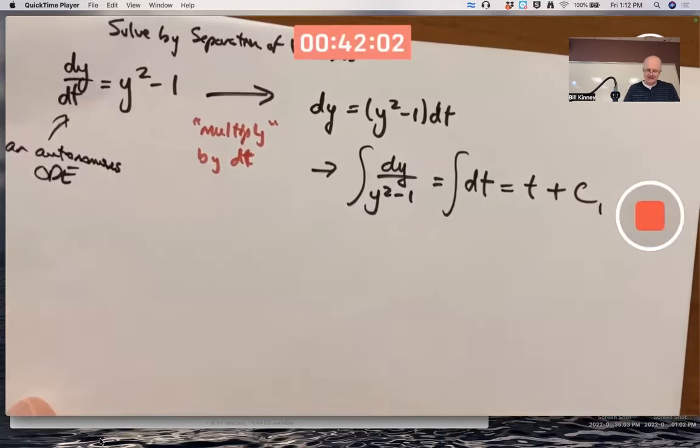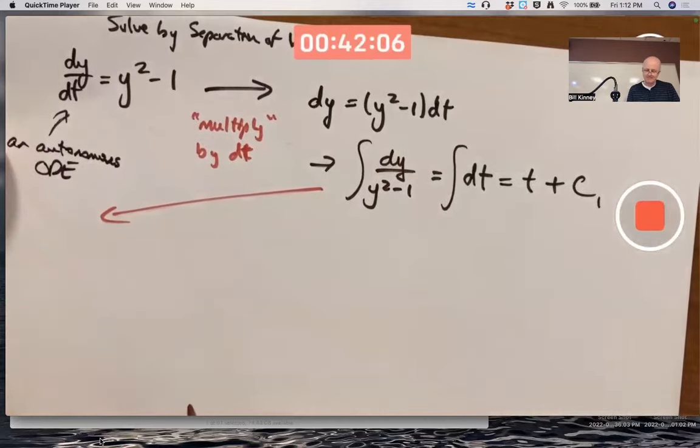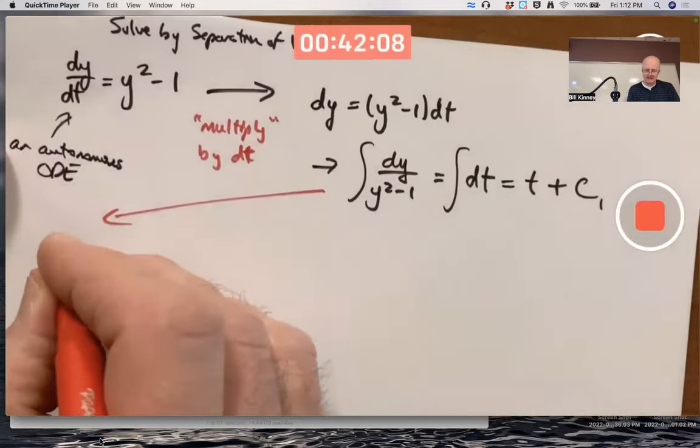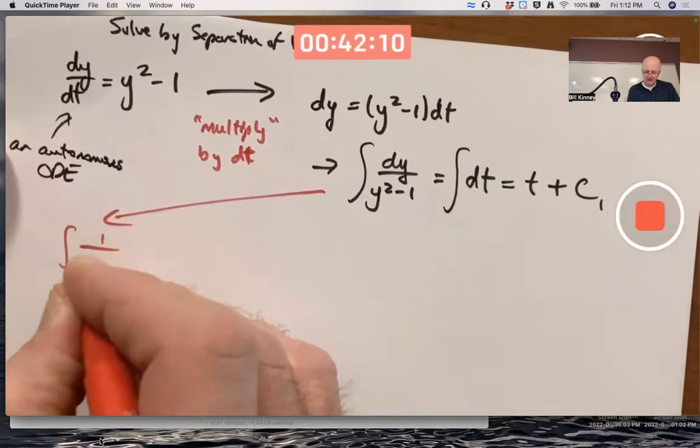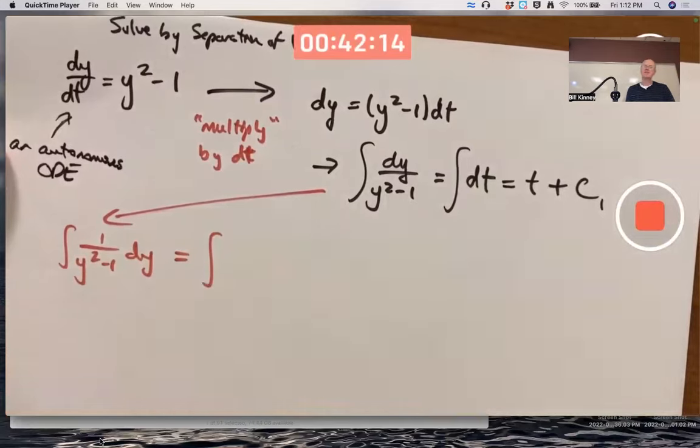Still got to integrate the left side. That's the same as integrating 1 over y squared minus 1. Where have we done such integrals before? They come up on the gateway?